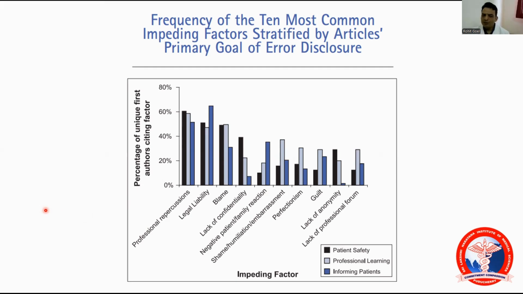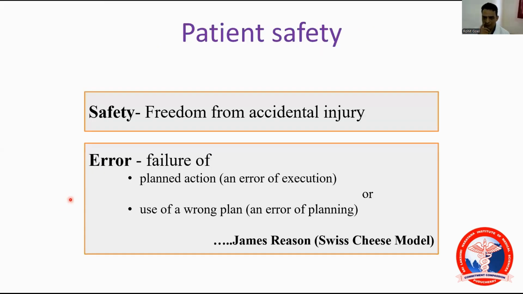Now, let's take a step towards understanding the application of safety principles in healthcare. First, safety is understood as freedom from accidental injury, and safety is compromised because of the occurrence of an error.